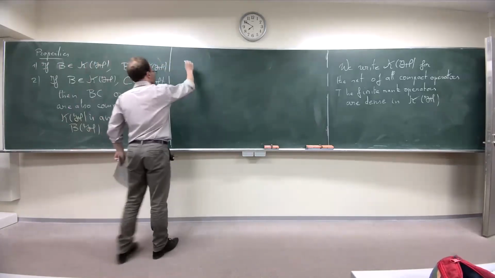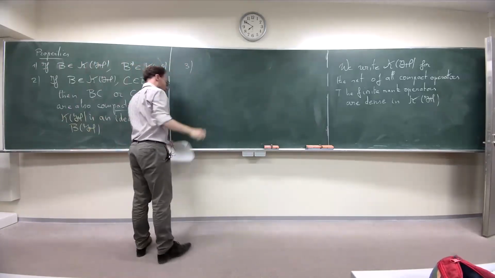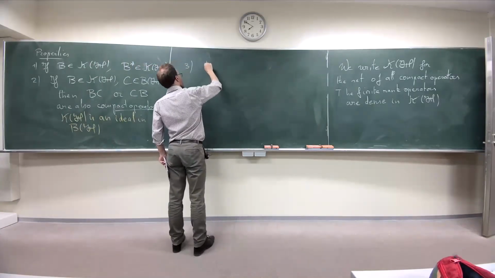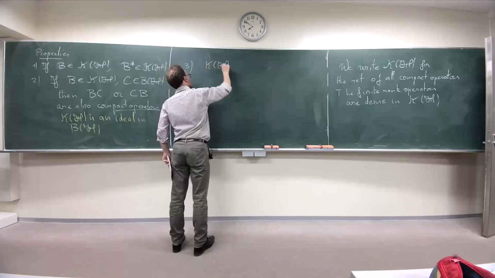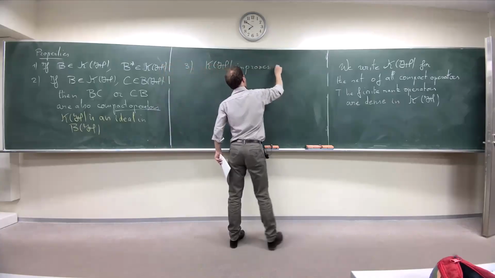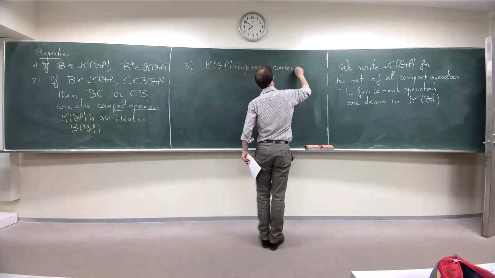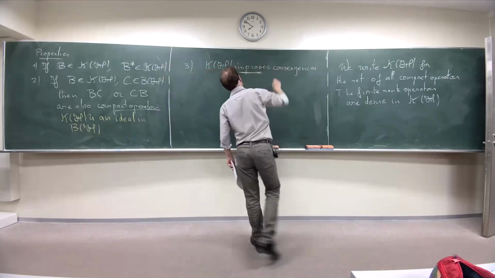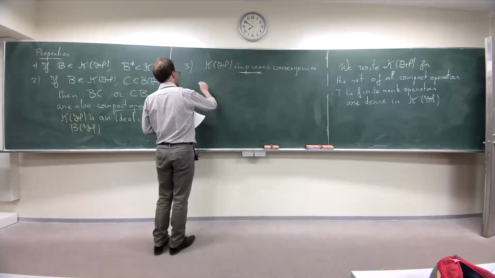Okay, there is one more property, but I don't need to record it. Let me state one third property. K of H improves convergences. I will make it more precise. What do I mean by this?